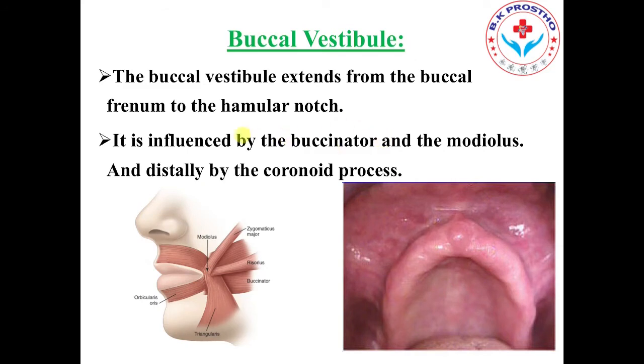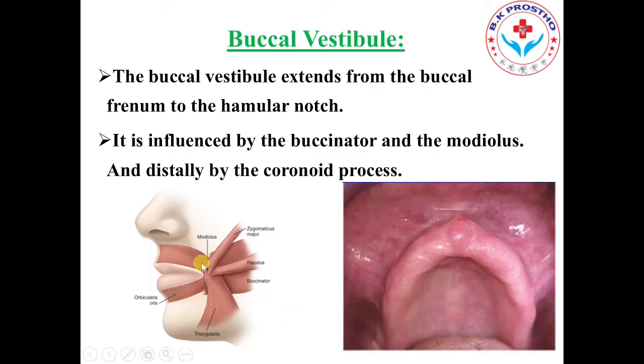Buccal vestibule, which extends from the buccal frenum posteriorly to the hamular notch. This space is influenced by the buccinator muscle and the modiolus, and distally by the coronoid process of the mandible.